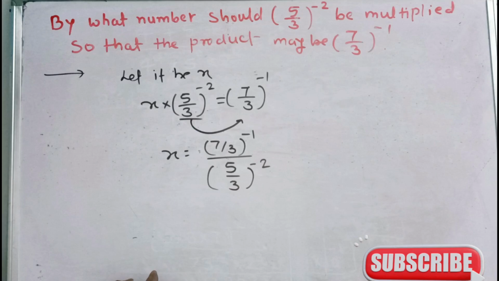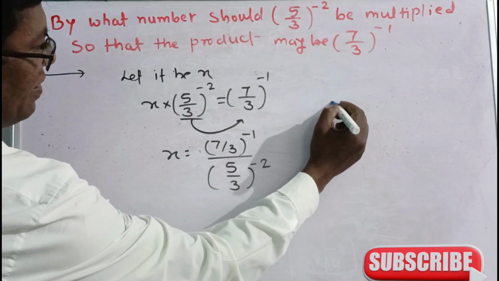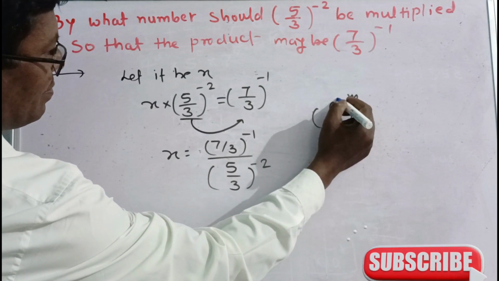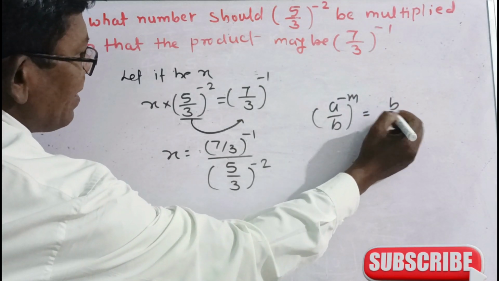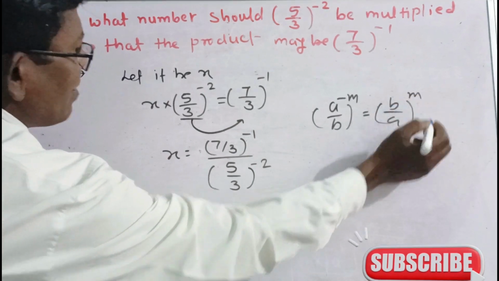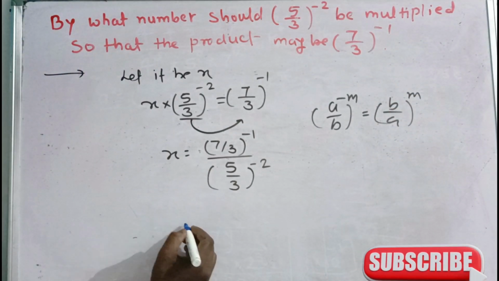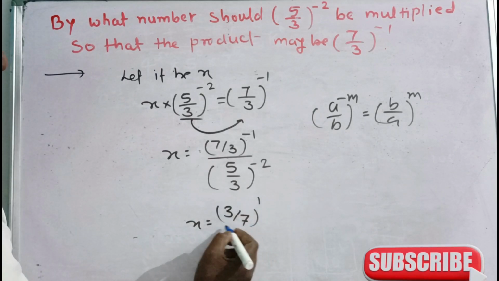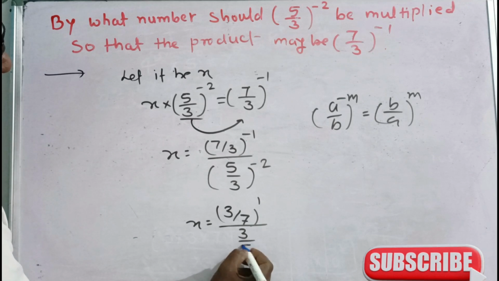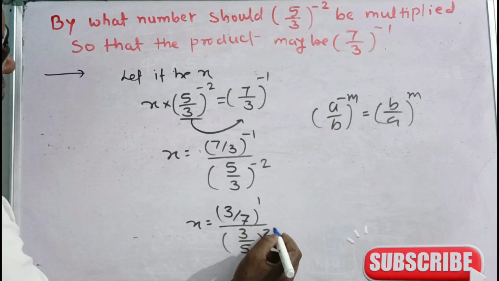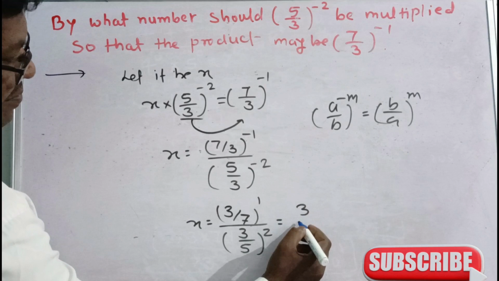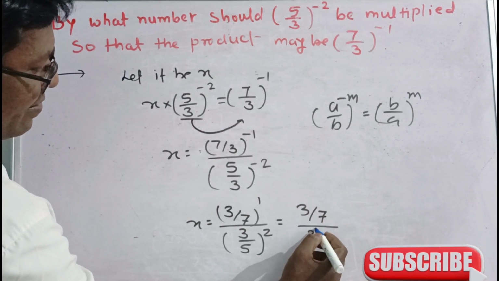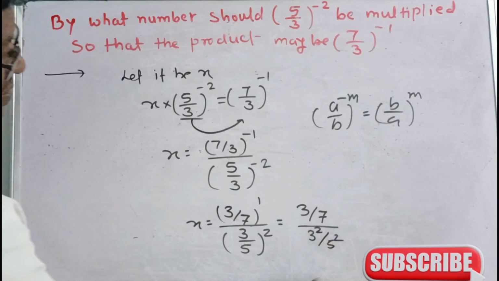By using the property a by b raised to the power minus m is nothing but b by a raised to the power m. X is equal to 3 by 7 raised to the power 1 divided by 3 by 5 raised to the power 2. 3 by 7 divided by 3 square upon 5 square.